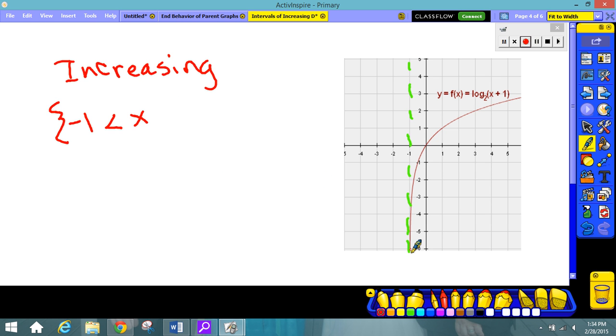And as we move up our graph and further to the right, we are doing nothing but increasing as we move along the x-axis, as we go to 6, 7, 8, 10, it will always be increasing. So that's increasing from -1 all the way to positive infinity.